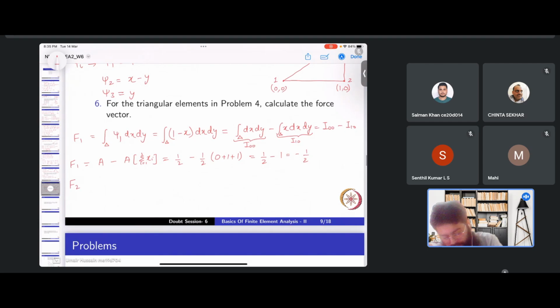So F2 is this integral psi 2 dx dy. So we have x minus y times dx dy. It makes it equal to I10 minus I01. So we know the formula for I10, that is A times summation of xi. And what is the formula for I01?